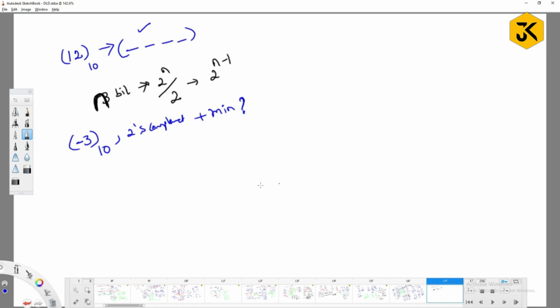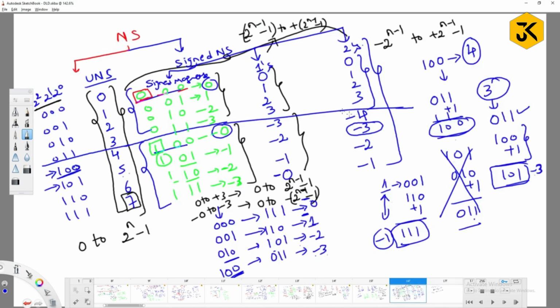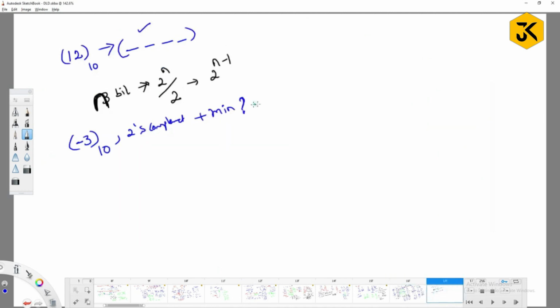The question is, I want to represent minus 3, which is in the decimal number system, in 2's complement representation. Observe, minus 3 in 2's complement is 101. How many bits are required minimum? 3. That is the answer.